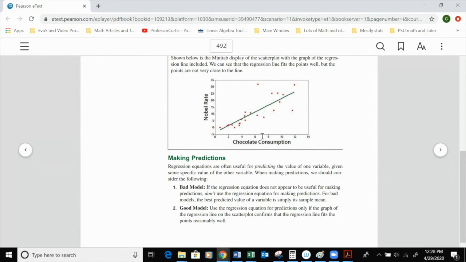I went from 6 to 7. I went 1 unit of chocolate. Well, how many units of Nobel Prize winners is that? Well, it's about 3.5. You say, well, how about if you go from 4 to 5? 4 is 7-ish, and 5 is about 10, and yeah, it's about 3.